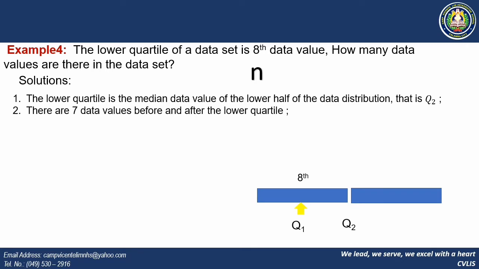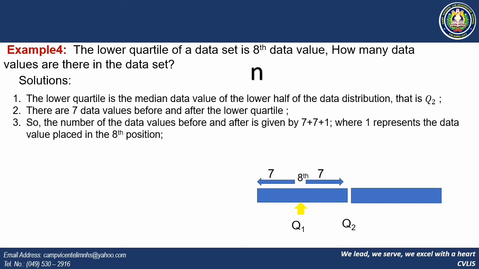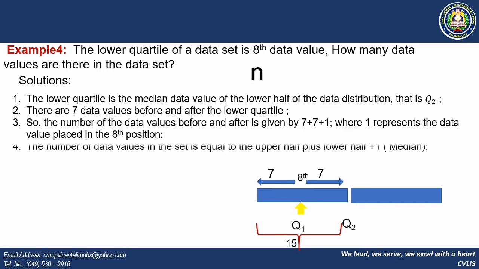It is also observed that there are 7 data values before and after the lower quartile. So the number of data values in the lower half is given by 7 plus 7 plus 1, where 1 represents the data value placed in the 8th position. That gives us a sum of 15. That is also the same with the upper half. That makes 15 data values plus 1 for the middle value.